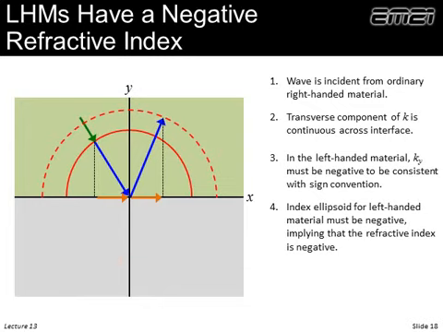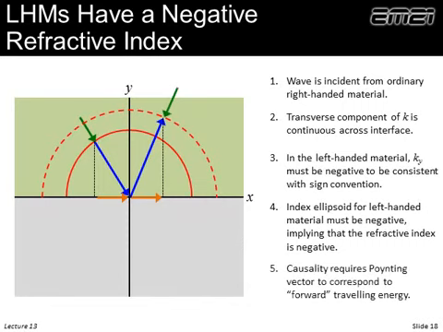That index ellipsoid really is a map of the magnitude of K as a function of direction. If we know the frequency of the wave, that index ellipsoid really is a map of refractive index. We talked about this in earlier lectures. Since the index ellipsoid now is on the other side, that really implies this has a negative refractive index. And it turns out we need the negative refractive index to describe refraction in these things.